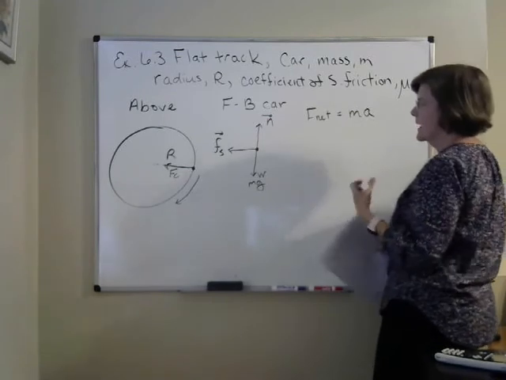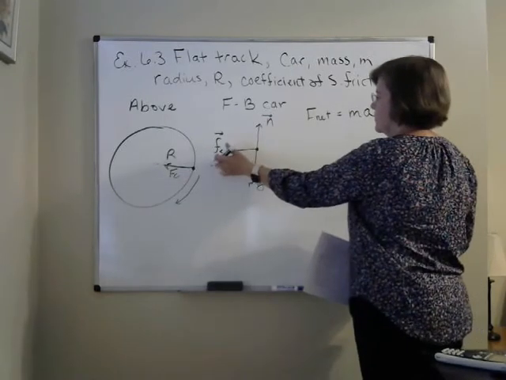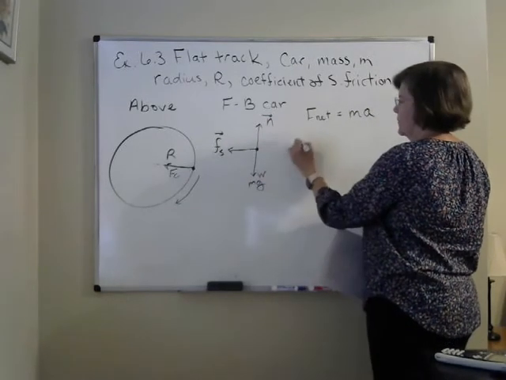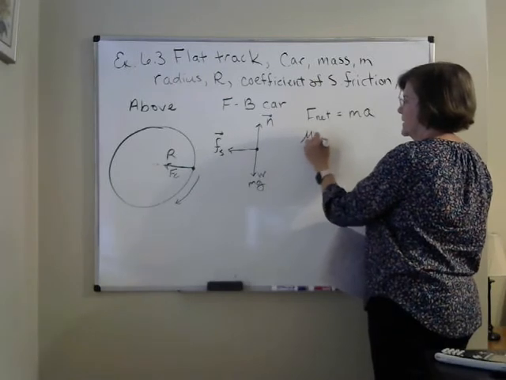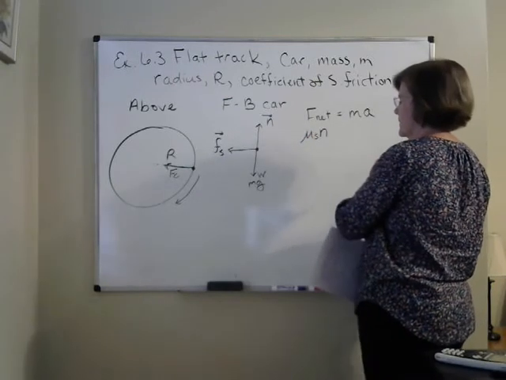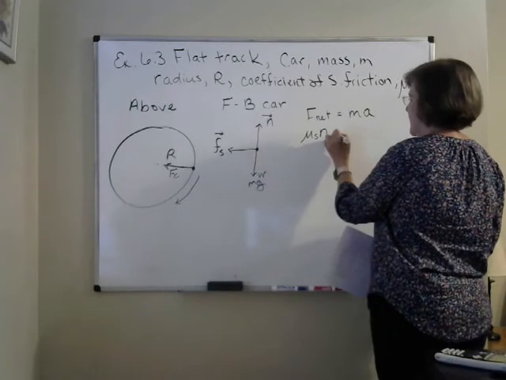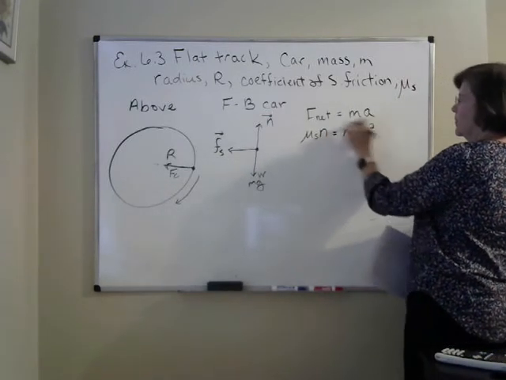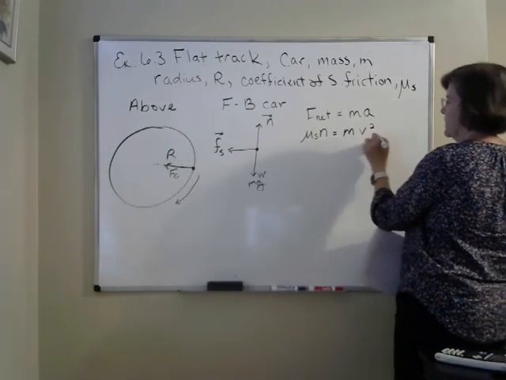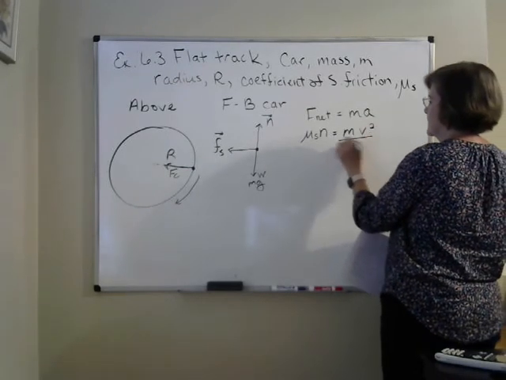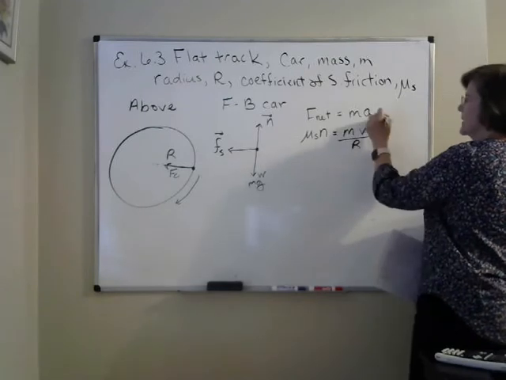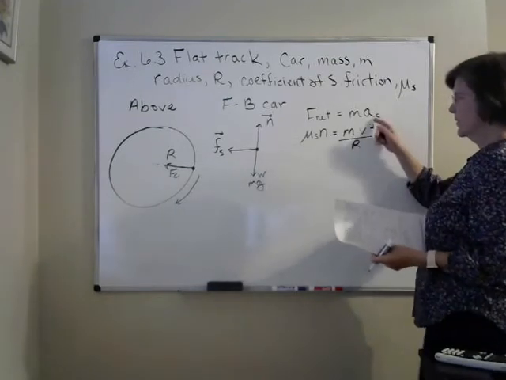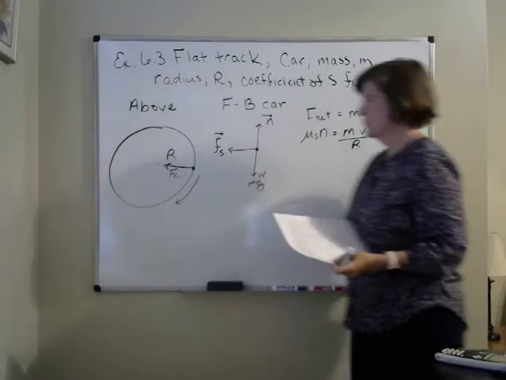Well, in this case, the net force is this force of static friction, which of course is mu s times the normal force. And that has to equal m times the acceleration, which in this case is v squared over r, because this is a centripetal acceleration. This is a centripetal force towards the center.